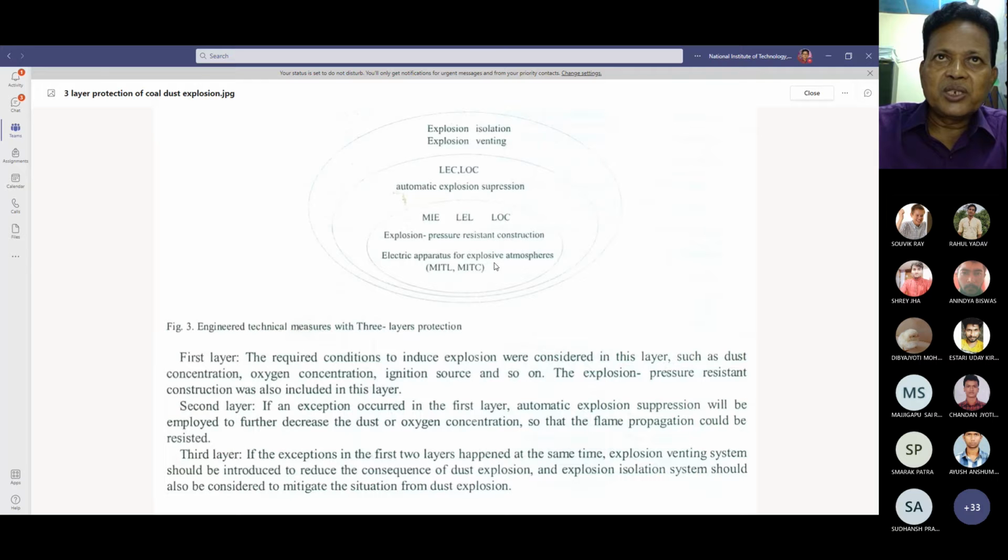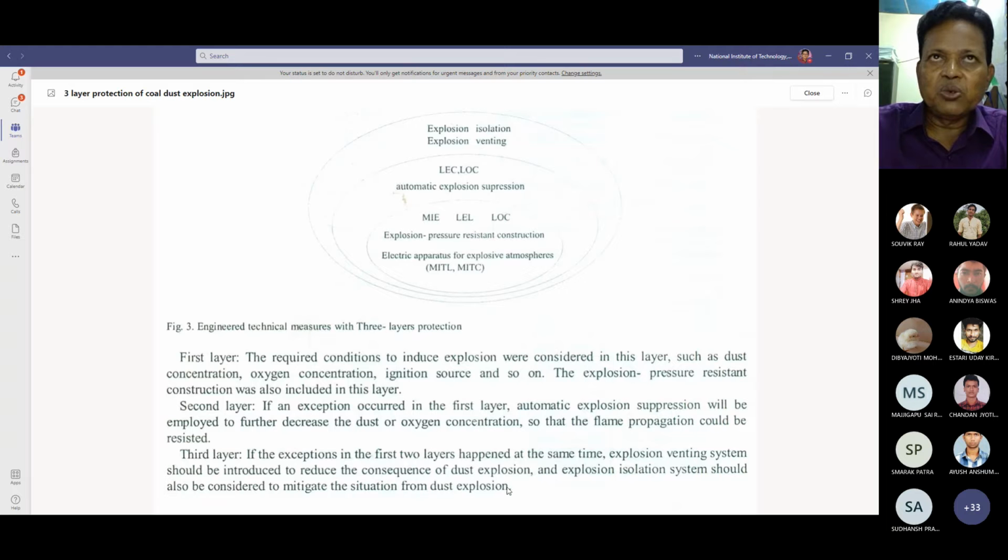The third layer protection is if the exceptions in the first two layers happen at the same time, explosion venting system should be introduced to reduce the consequence of dust explosion, and explosion isolation system should also be considered to mitigate the situation.